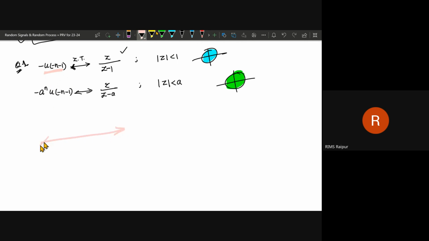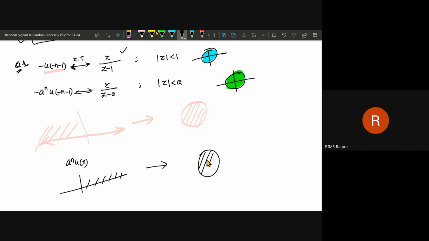Basically, the plot of these sequences will be on the left hand side, and the ROC in this case will be inside the circle. Whereas the sequence like a raised to power n u of n is a right-sided sequence, and the ROC will be outside the circle. So this is the conclusion which we can understand with this.